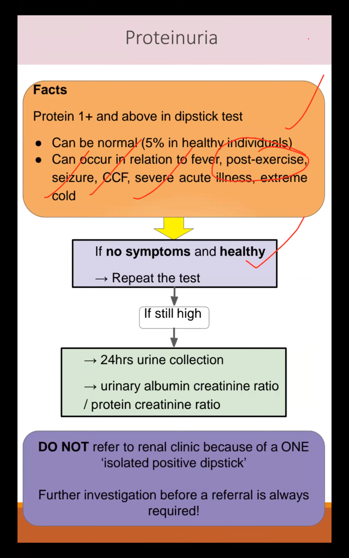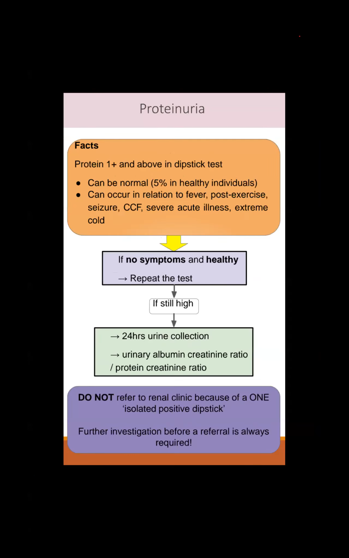If so, 24-hour urinary collection, urinary albumin creatinine ratio, you have to see. Do not refer to renal clinic because of one isolated positive dipstick. If it is confirmed, we have to send the patient to renal care. If one isolated proteinuria, no need to be worried. It could be any illness, it could be any cause.